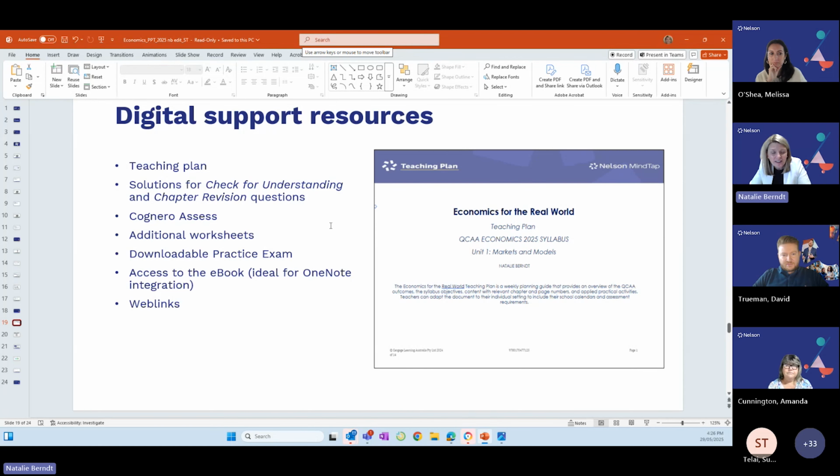We also have designed some worksheets, which, if you're late to class one day and you've got to cover an activity on a particular topic, are great: just printable worksheets that you can take with you to class. There is a downloadable external exam, which is part of that separate EA chapter, which is also fantastic, and the ebook, which is ideal for OneNote integration.